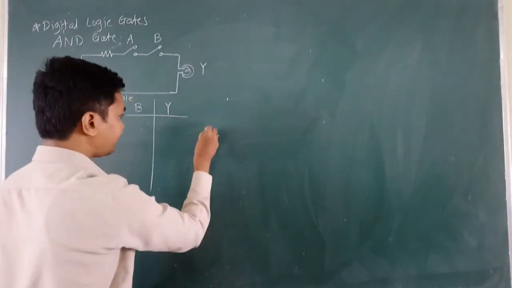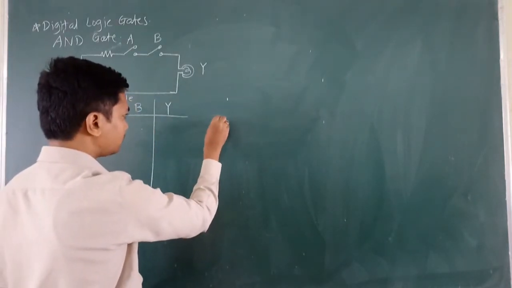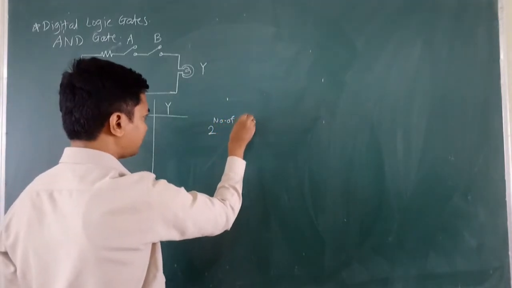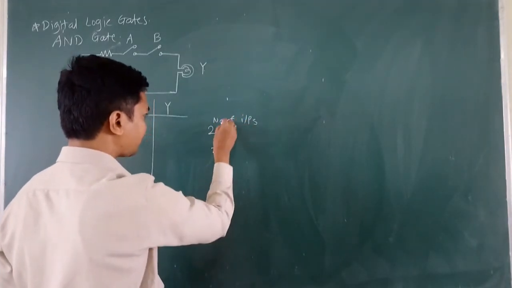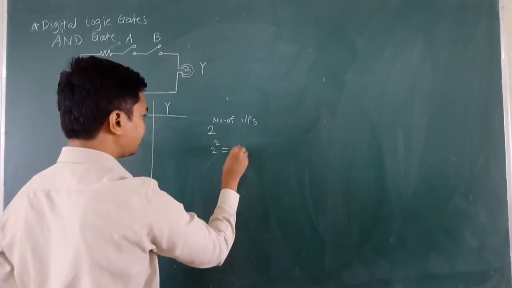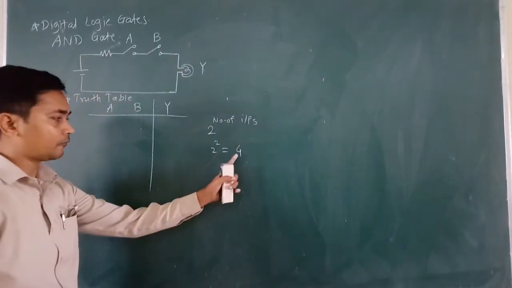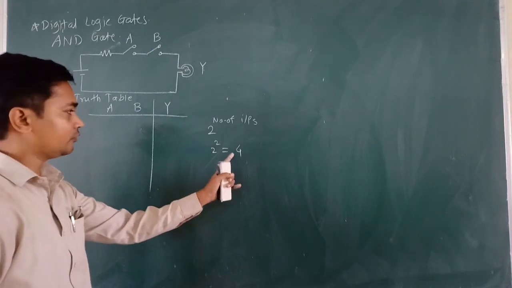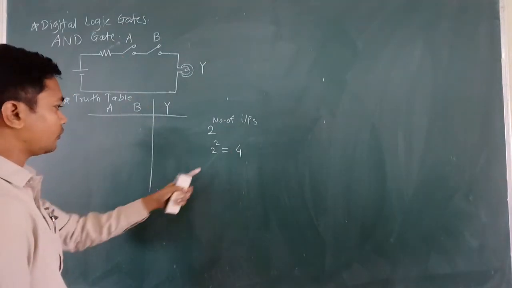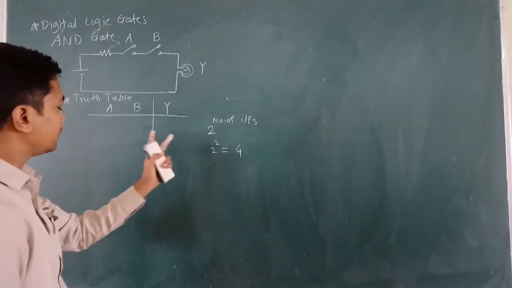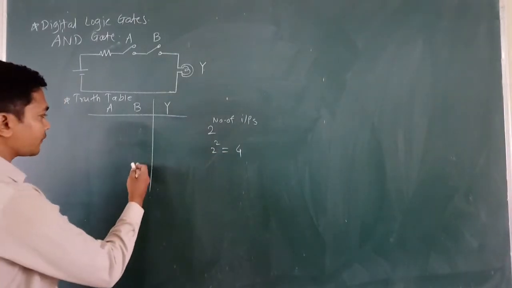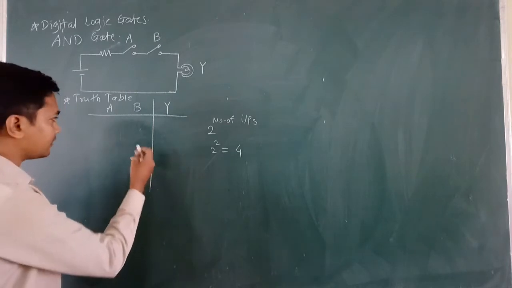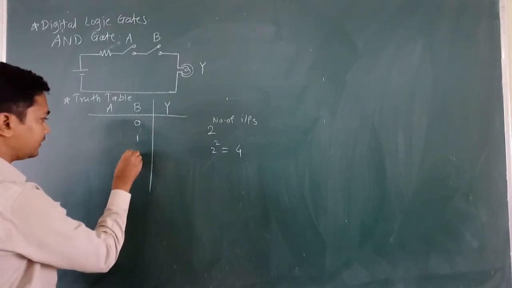There is a formula: 2 to the power number of inputs. Here the number of inputs is 2, so 2 to the power 2 equals 4. Total 4 combinations are formed using two switches. So how to draw these four combinations? Starting from the rightmost side, write 0 1 0 1.